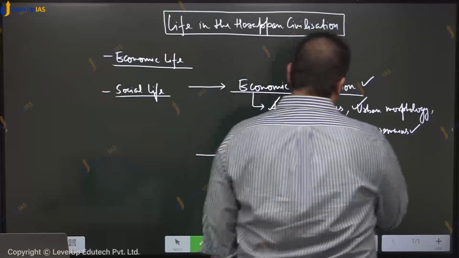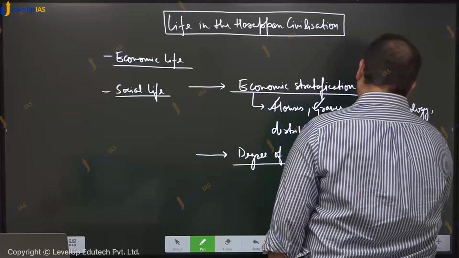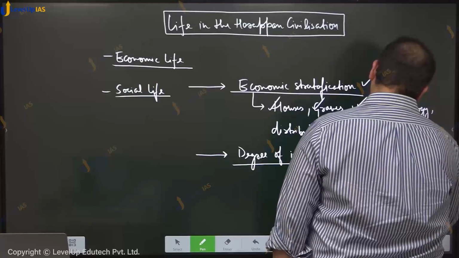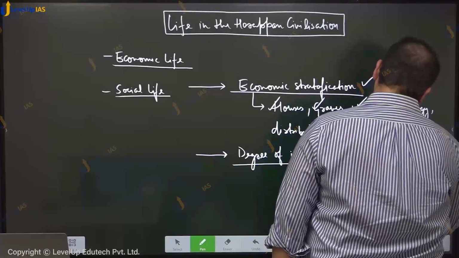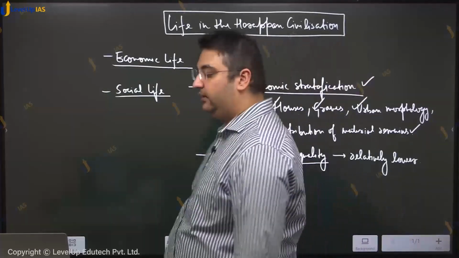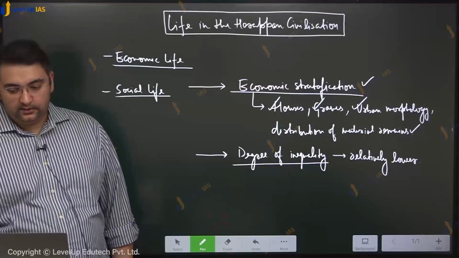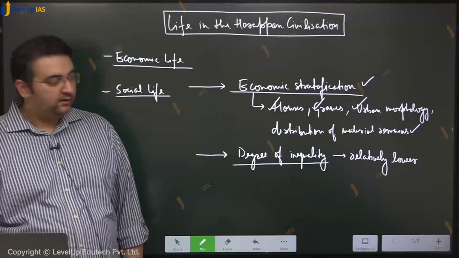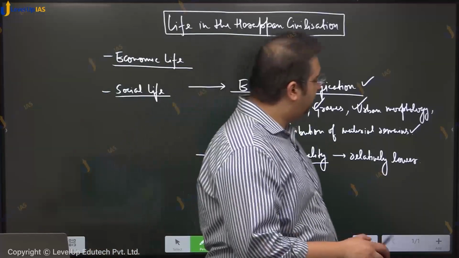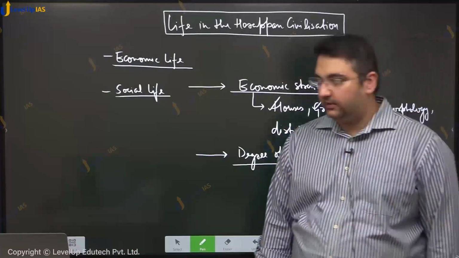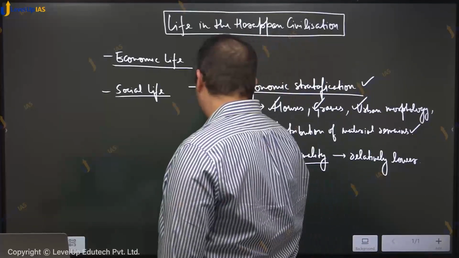The society was more egalitarian. Why are we saying this? Yes. That burnt bricks were used for the construction of the houses of both the elites as well as the common people.